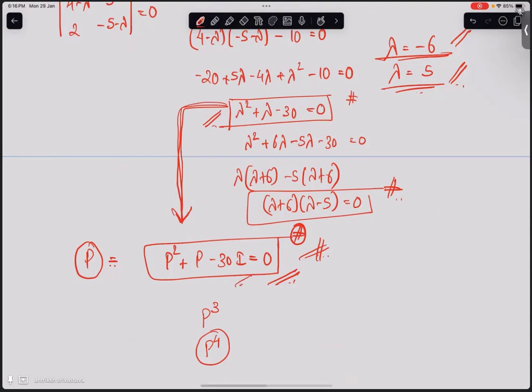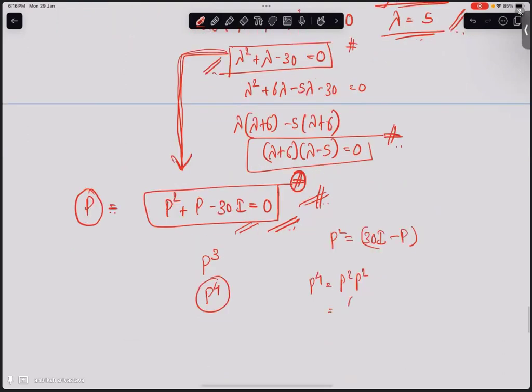If you know this, you write P square is equal to 3I minus P, and then P power 4 is nothing but P square into P square. So you will have 3I minus P into 3I minus P, and then you solve this and get some expression, but in the end again you will be left with P square by this multiplication.